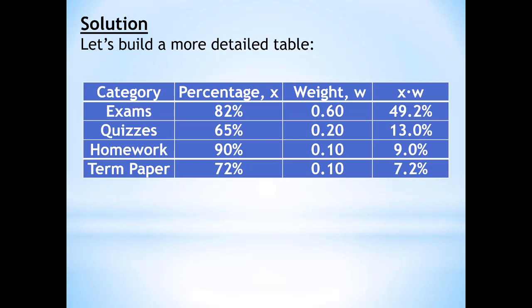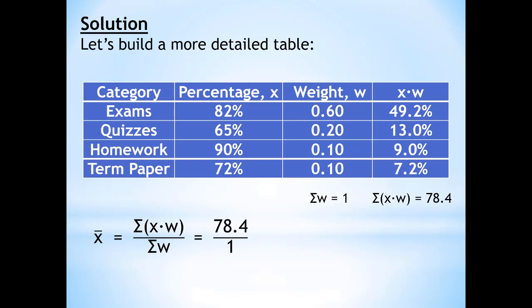Then the formula says I'm supposed to add the x times w's and add the w's. If I add up the weights, those add up to 1. If I add up the x times w's, those add up to 78.4. So my final average x bar is the sum of x times w divided by the sum of w, which is 78.4 divided by 1.